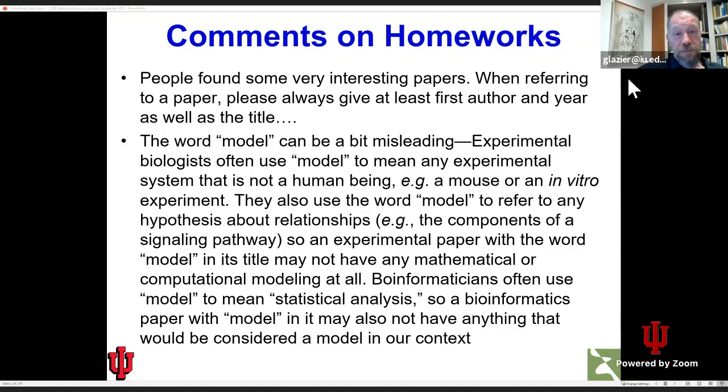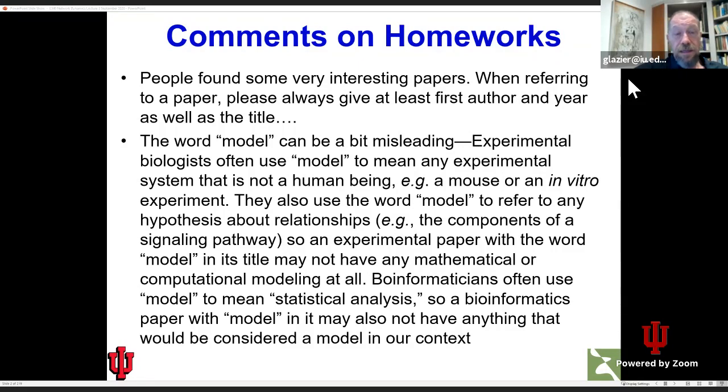Another thing that came up is something that I often would talk about in the first lecture, but seemed a bit abstract, and so I didn't mention it, which is that when you see the word model, it can be a source of some confusion because different domains use the word model in different ways. Experimental biologists use the word model in 2 different ways.